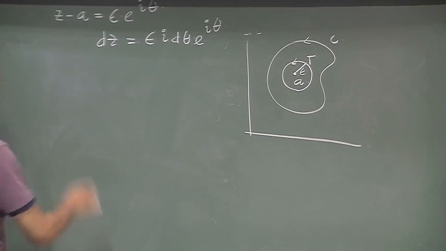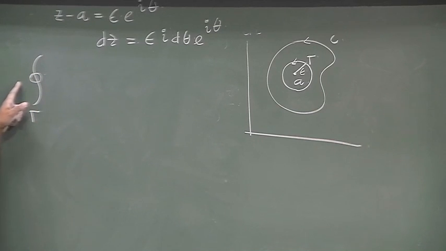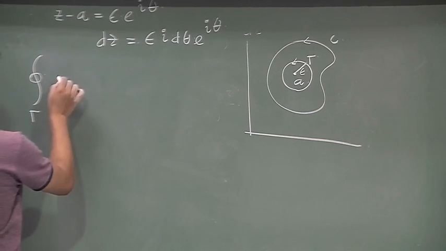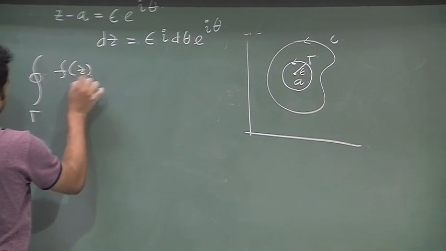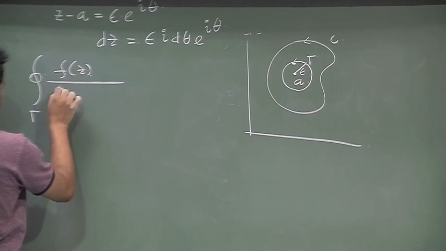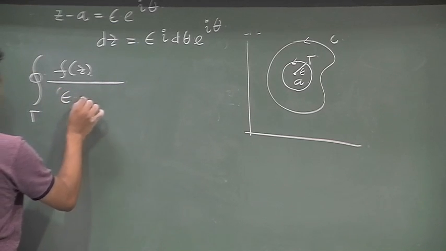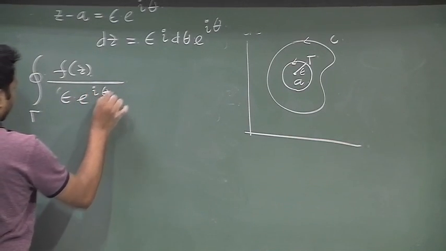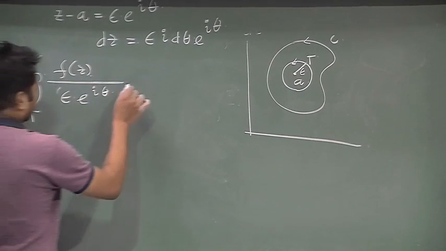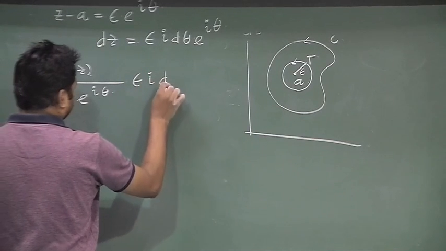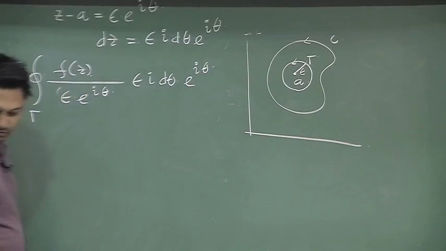Now I just try to find this integration over gamma of f(z) divided by z minus a. I change this: z minus a is epsilon e to the power i theta, multiplied by dz, and dz is epsilon i d theta times e to the power i theta.